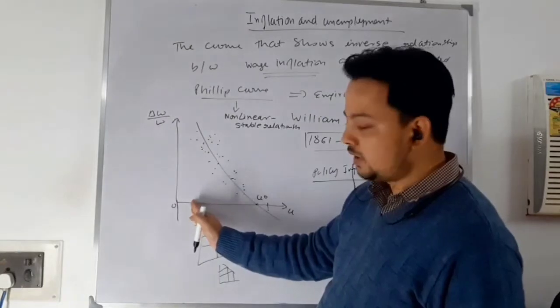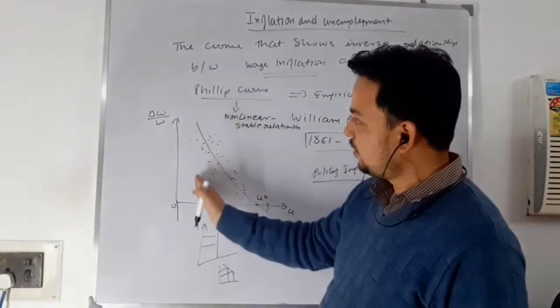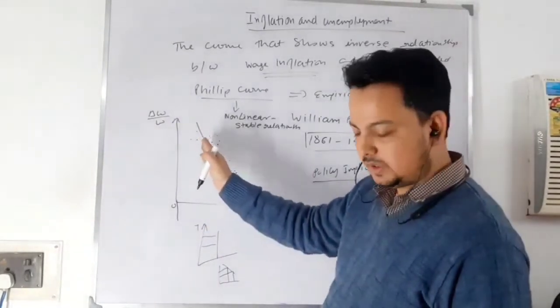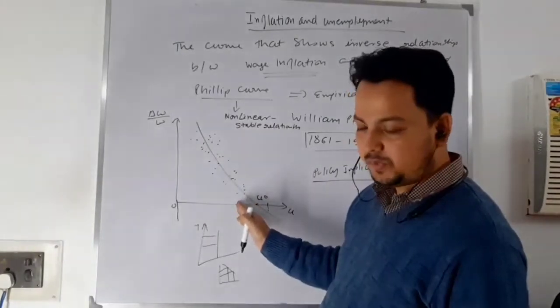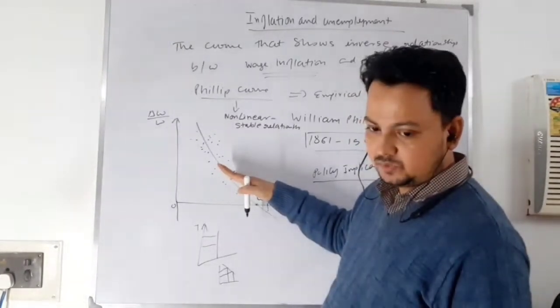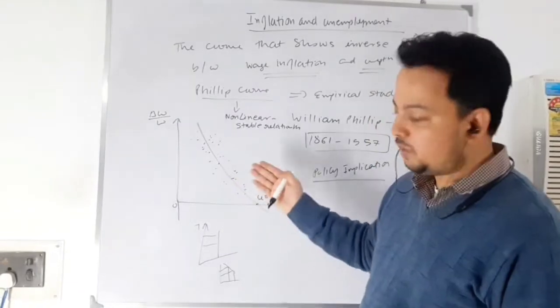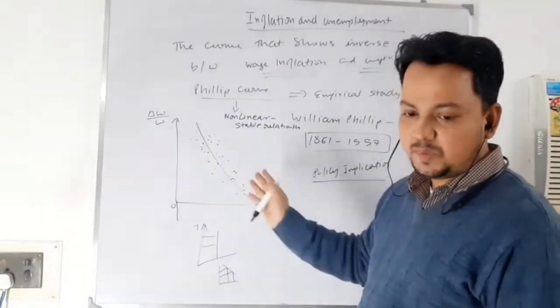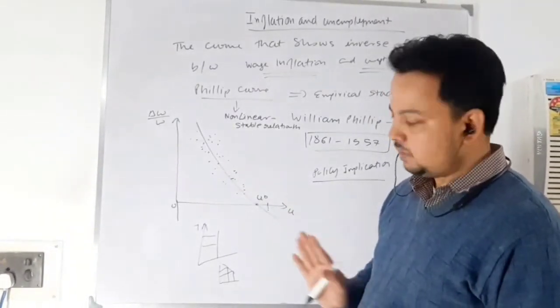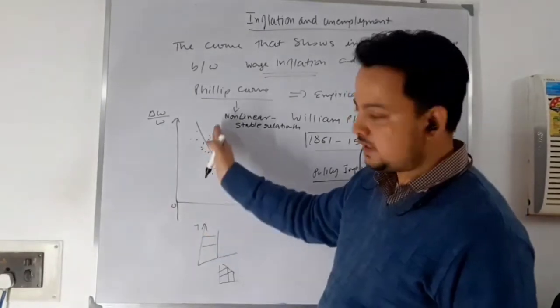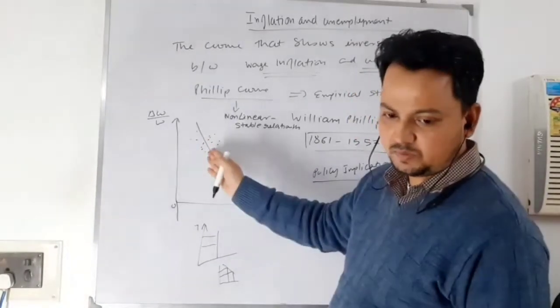So at a very low rate of unemployment, your Phillips curve is steeper. At a very high rate of unemployment, the Phillips curve is flatter. So what it is saying is that when the unemployment rate is high, we can make a trade-off. But at a very low rate of unemployment, a trade-off is not possible.